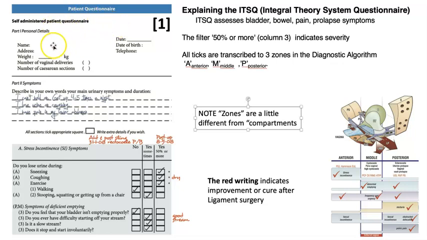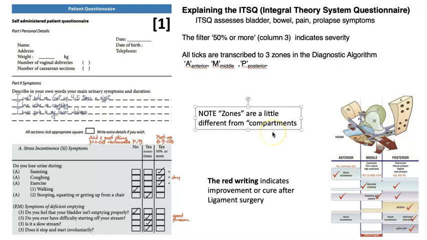So here's the questionnaire. Patient details. The patient explains in her own words what the problem is. And down here, if you look on the left, we have A, anterior zone, and this correlates with the algorithm. A is anterior, which is this part here. M is middle, and P is posterior.